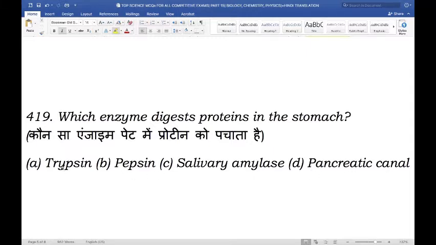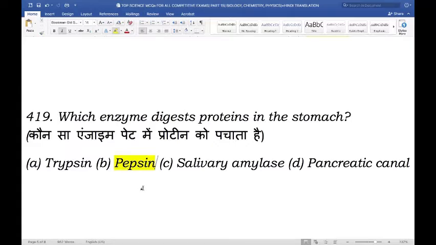So this leaves trypsin and pepsin. Now, trypsin is a serine protease of the digestive system, which is produced in the pancreas and secreted into the small intestine. So trypsin, even though it is vital to the digestive system, is not a digestive protein found in the stomach. So this leaves pepsin to be the right answer.